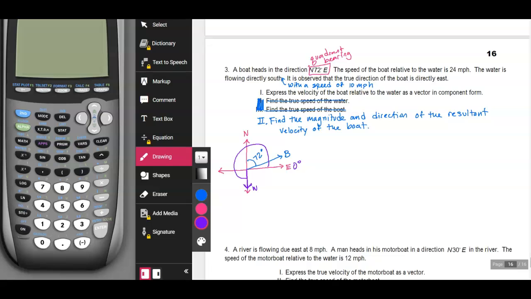What is the measure of our direction angle for W?